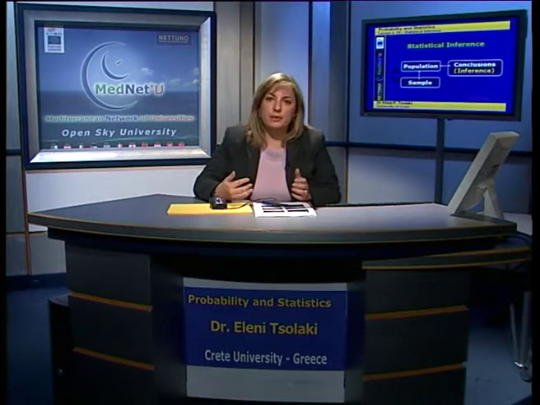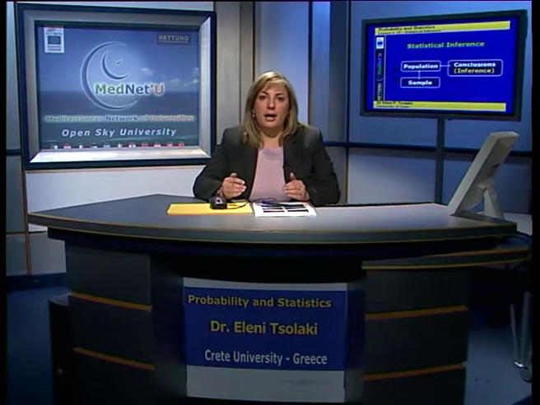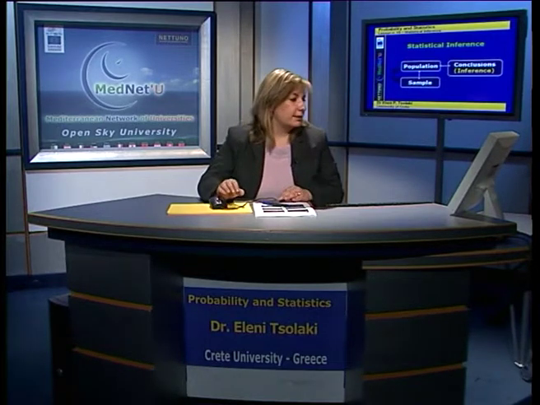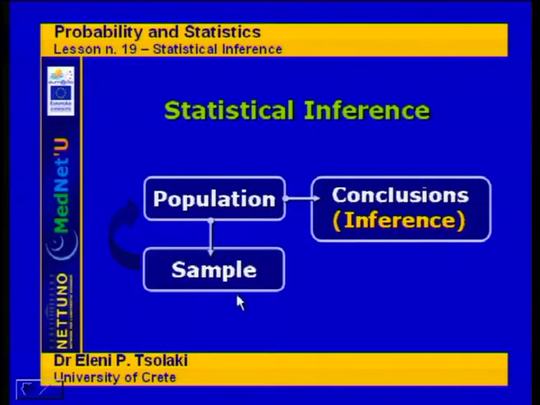So as we said, what we do is we collect data from a group from this population, which is our sample. So what happens is, through this sample, we make conclusions for our population, and that's what inference is.